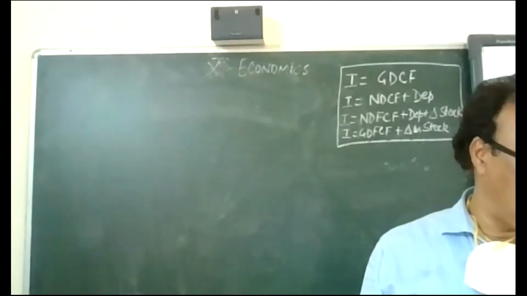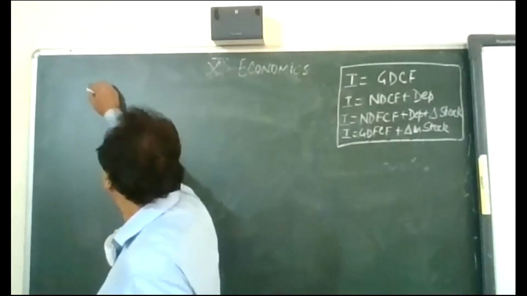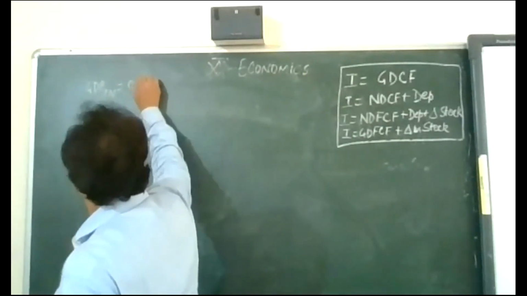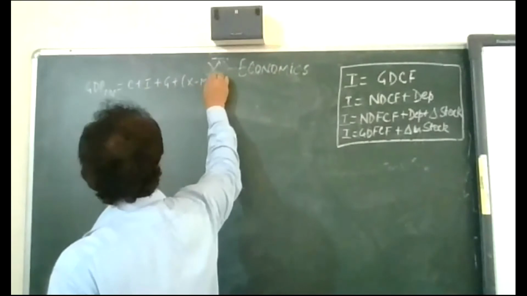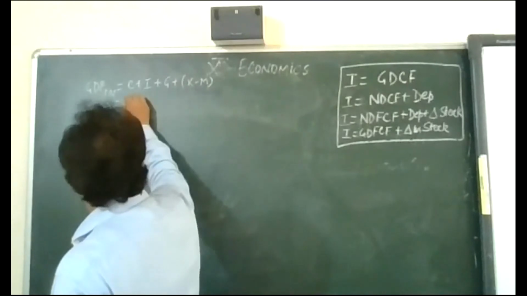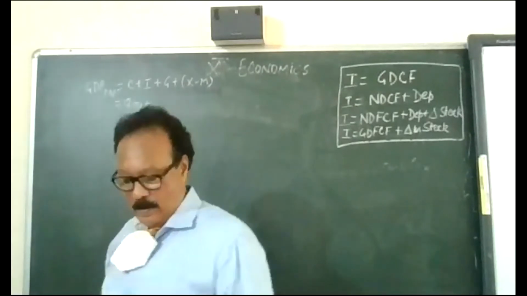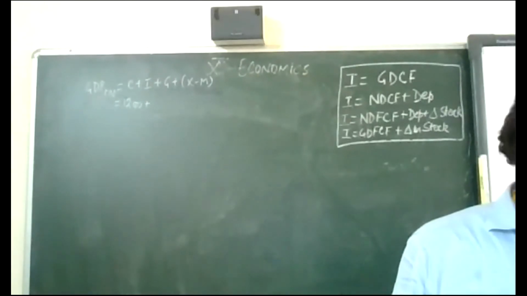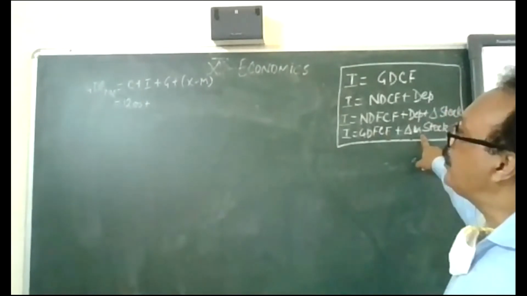Now, the first thing is GDP at market price: C plus I plus G plus X minus M. Private final consumption is given as 1200, plus investment. What will be the investment? Gross domestic fixed capital formation plus change in stock.